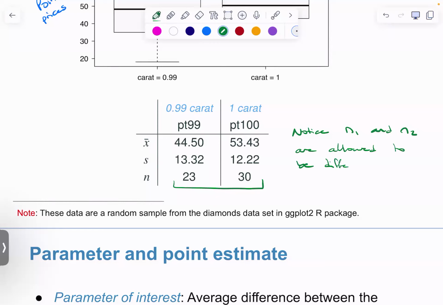We've seen that for the two sample proportions as well, but it's nice to point out. So here we have our summary statistics, all the things that we need in order to answer some questions.